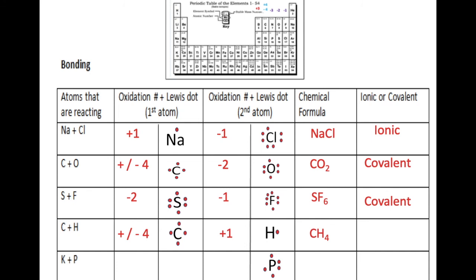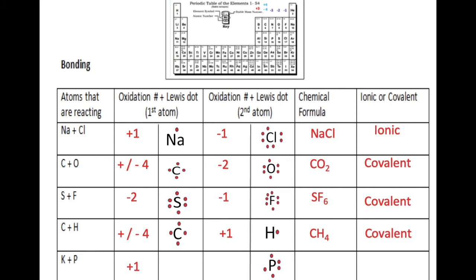This is because as those electrons are being shared to make a covalent bond, we're going to need 4 hydrogens to match up with the 4 valence electrons carbon already has. Once it's sharing those electrons, hydrogen is happy with 2 valence electrons and carbon is happy with 8 valence electrons.